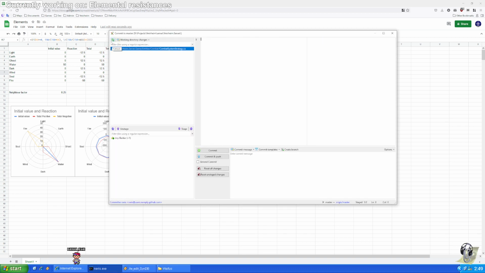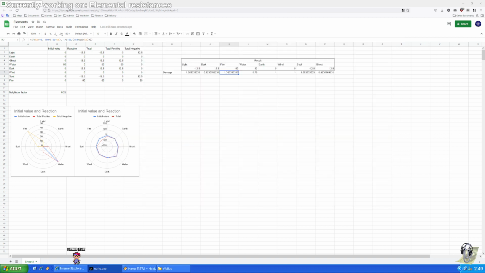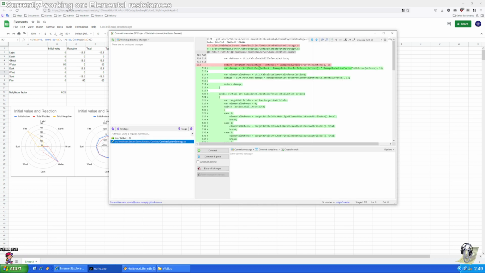So now what we do, commit this. Actually, let me check the base repository. Yeah, it's fine. Then let's commit this one. And here we basically introduced a new function, which is fine. Damage reduction per defense and damage reduction factor per defense.